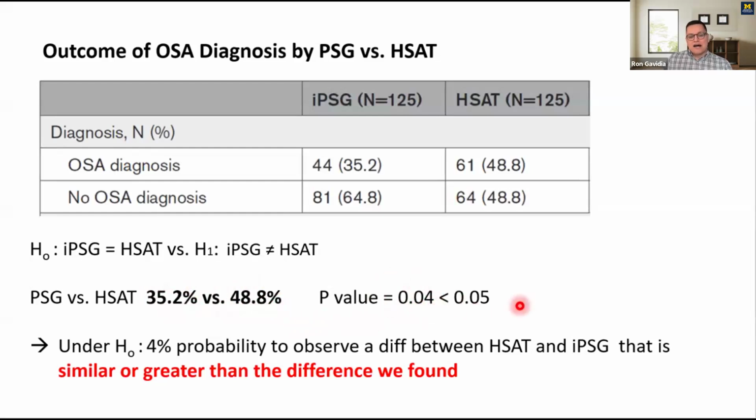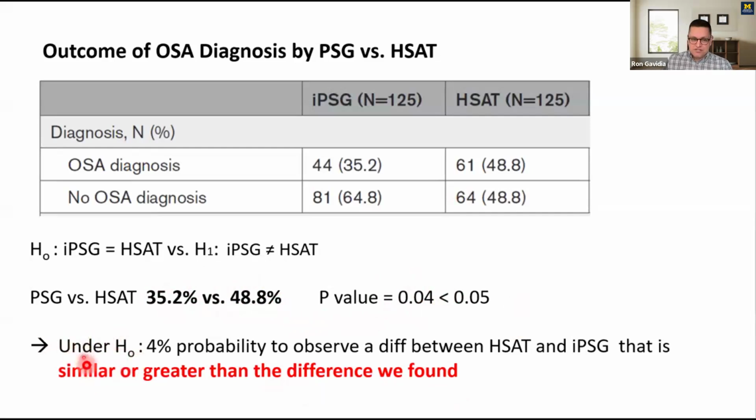Is this telling us that there is a 4% chance of this being explained by chance, or that there is a 4% probability that this difference is explained by chance? No, actually the answer is this one, and this is very important.